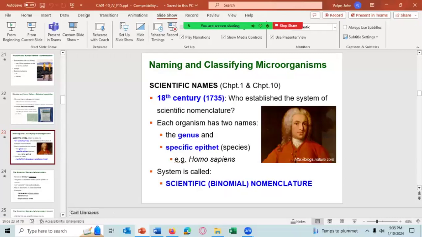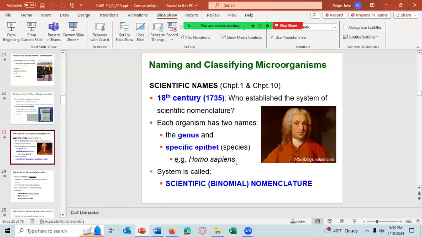And I don't know why they did that. Most people either Latinize both names, Carolus Linnaeus, or they go Carl Linné, which is the unlatinized name, his real name. But he changed it to be, I don't know, sort of a scientific name.